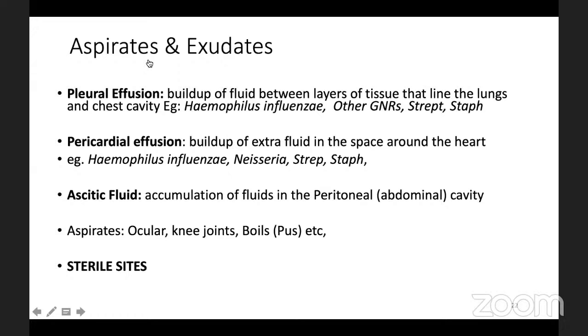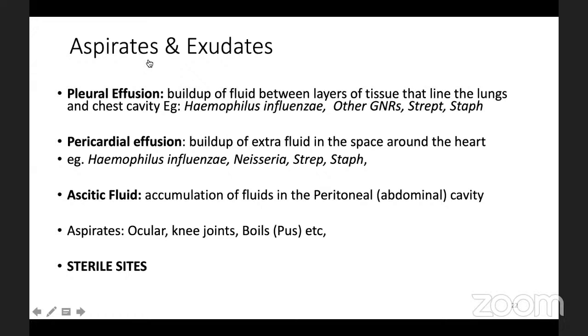Now, what we have to bear in mind is that all these aspirates are coming from presumably sterile sites. So the heart and around the heart is a sterile site. The lungs and around the lungs is a sterile site. The peritoneal area is a sterile site. Inside the eye is a sterile site. In the joints is a sterile site.